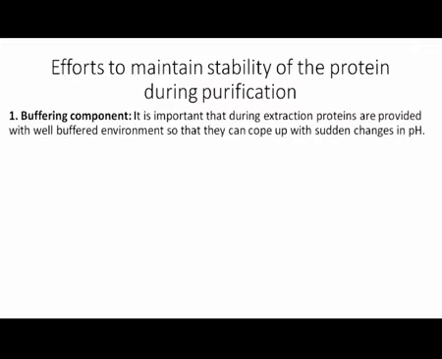So, the buffering component. It is important that during extraction, proteins are provided with a well buffered environment so that they can cope with sudden changes in pH. As I just now suggested, the processes of protein purification require either addition of too much salt or changing of the pH.